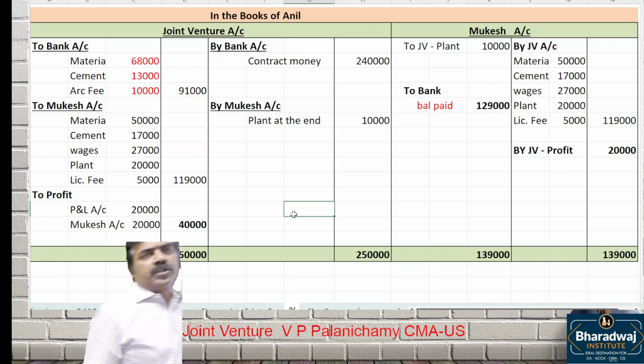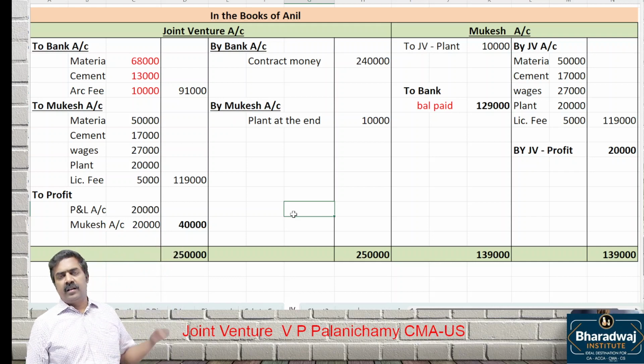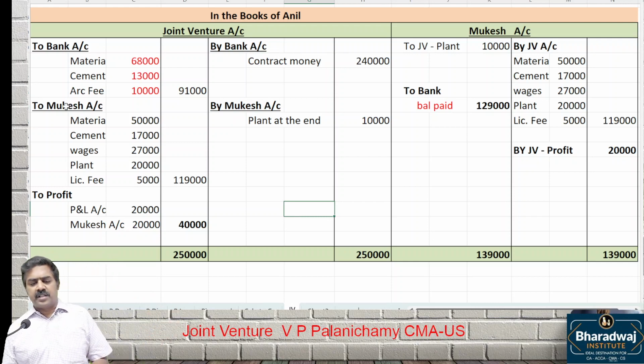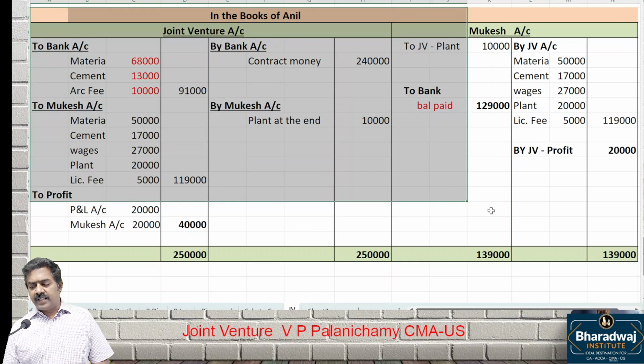Try to do it in the books of other party. Use other party. In the books of Mukesh, prepare. Just it will change. Instead of to bank, it will become Anil account. To Mukesh account, it will become to bank account. We are continuing in the same books of accounts.